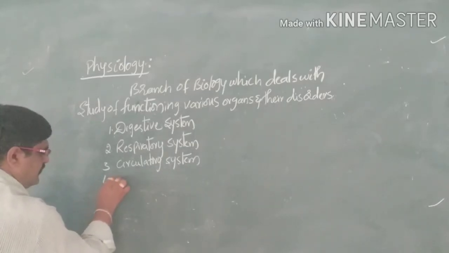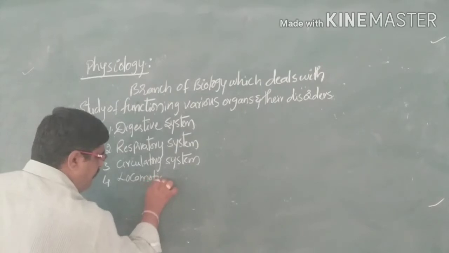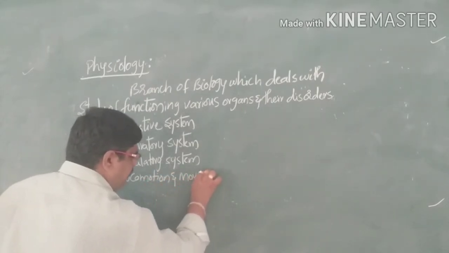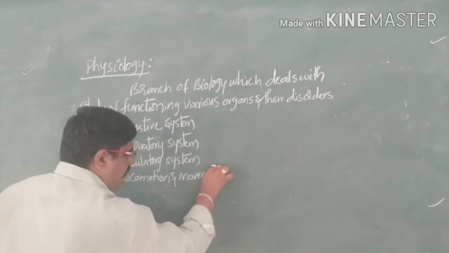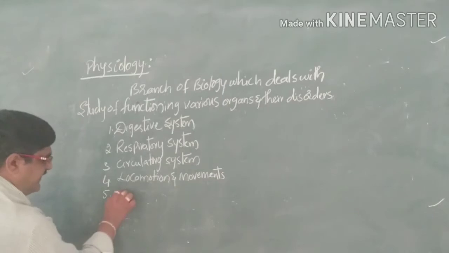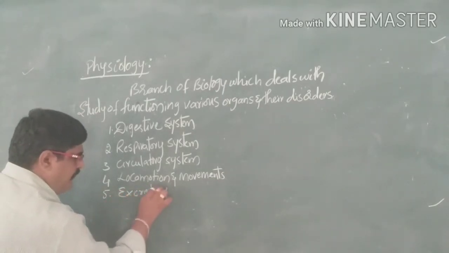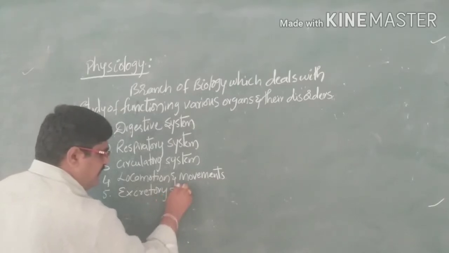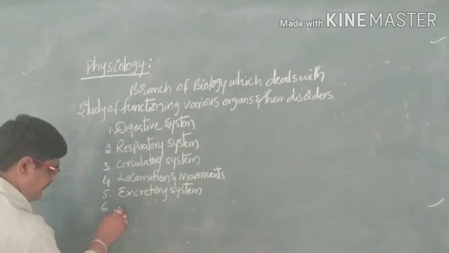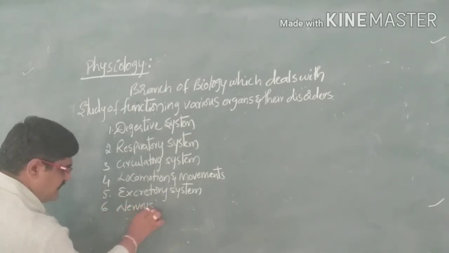The fourth one is locomotion and movement. The fifth one is the excretory system. The sixth one is the nervous system.